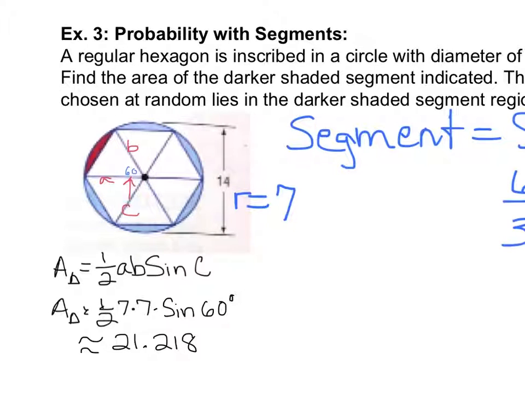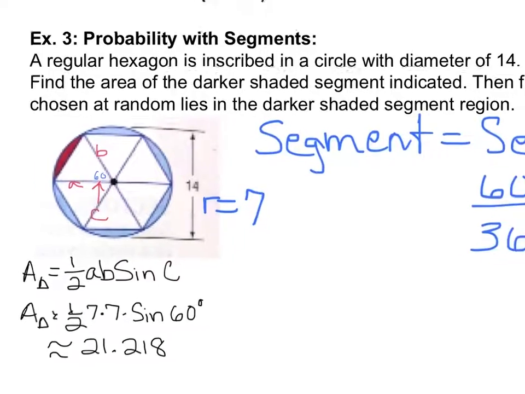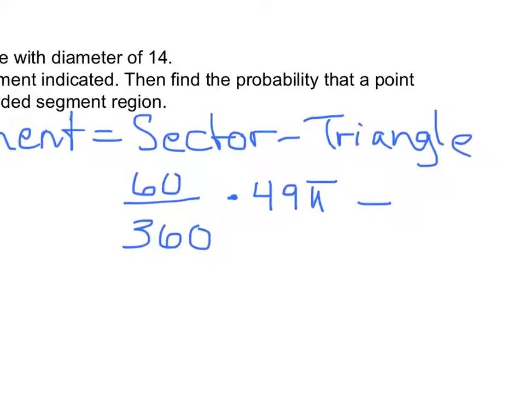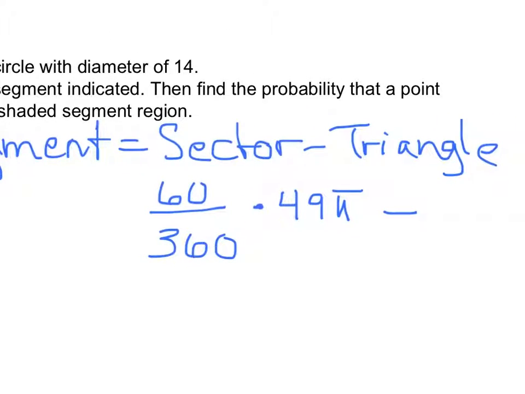Now we're going to move over and we're going to put that value and subtract it in my area of a segment formula. So 21.218 is going to get subtracted, and so the area of my segment, remember, was the area of the sector minus that new triangle area value we just found.